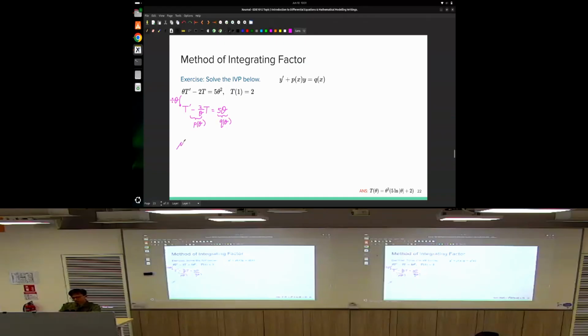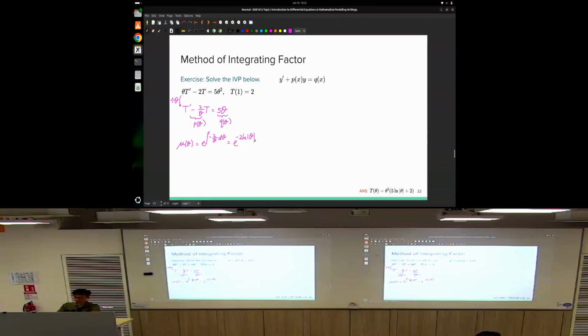So therefore, the mu of theta, the integrating factor, will be e to the integral of minus 2 over theta d theta. When you integrate this, it is just e, the minus 2 can factorize out, then you get ln modulus theta, because you integrate 1 over theta.